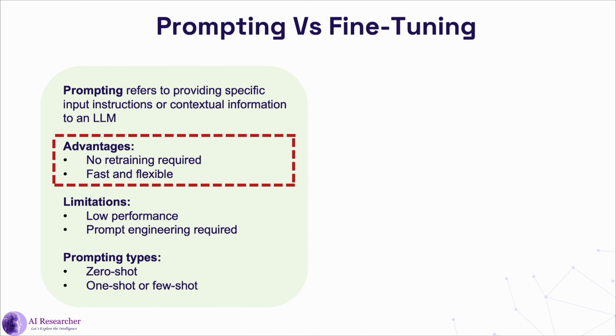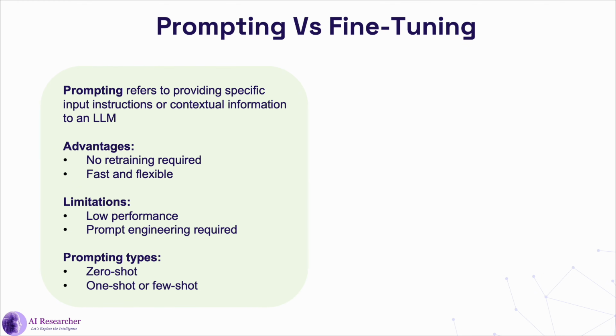It doesn't need retraining, which means the model can adjust to a wide range of tasks without adjusting or tuning its parameters or weights. It doesn't require training. It's fast and flexible, so a user can create their own prompt and fit different use cases quickly.